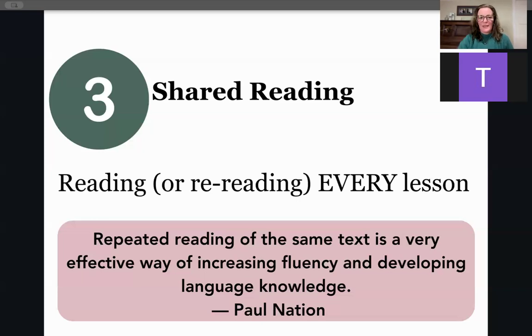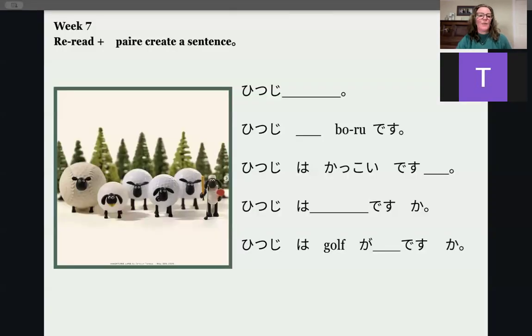So having said that, one of the ways that we did it, after we've done the write and discuss in week 6, week 7, they had another opportunity to reread this. Very similar.